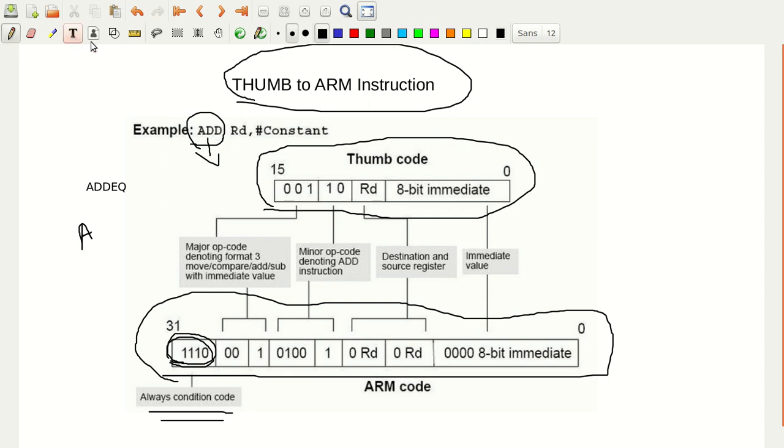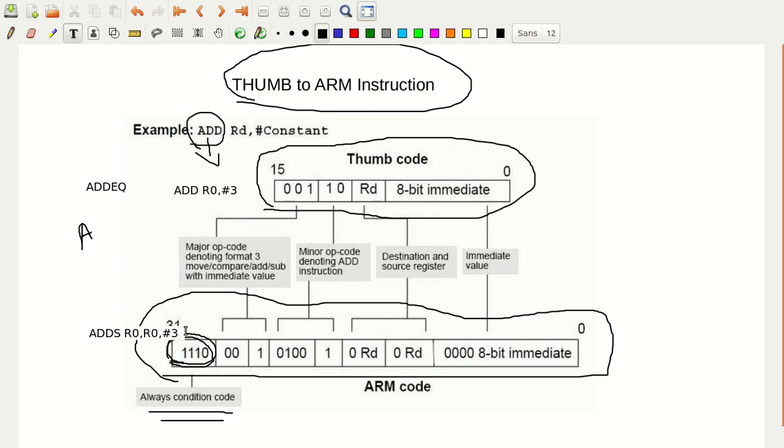For the Thumb code, take the same example, ADD R0, #3. What will be its equivalent? ADDS R0, R0, #3, isn't it? So this is what you will have here.